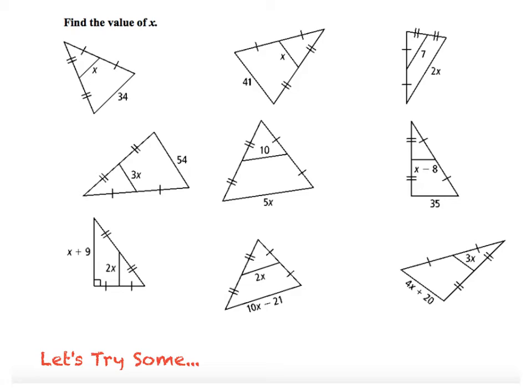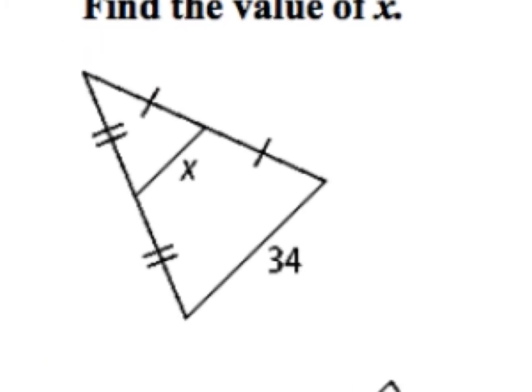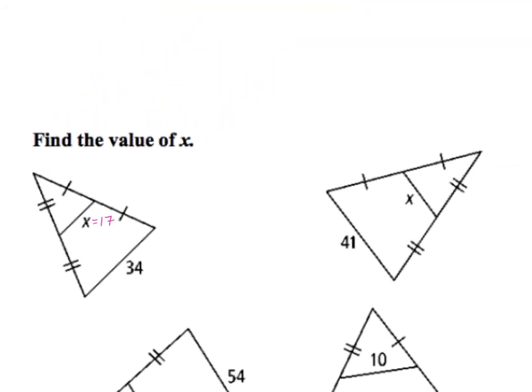So notice here, and let's zoom in for each one of these, we are given a side length and a midsegment. So in this case, we're looking for the midsegment. And so we know that x is half of 34, which is 17. Let's take a look at the next example.